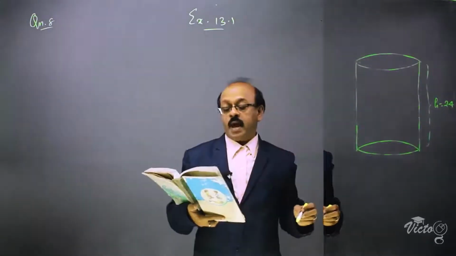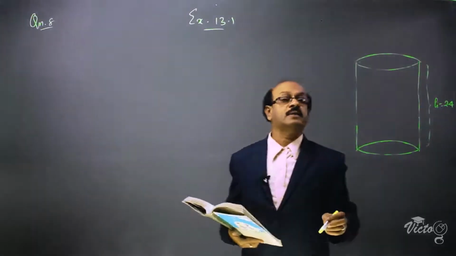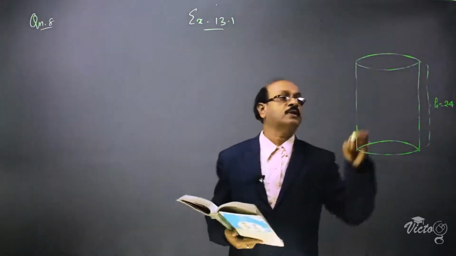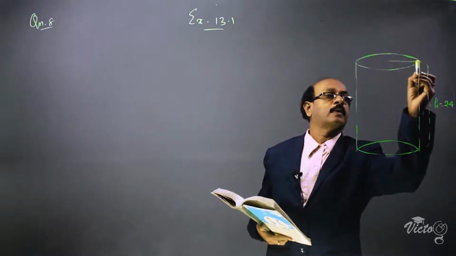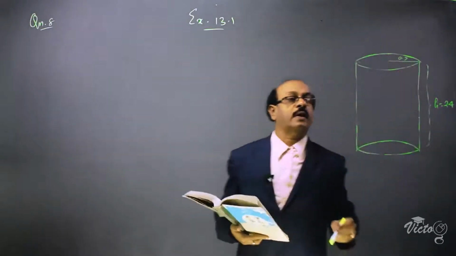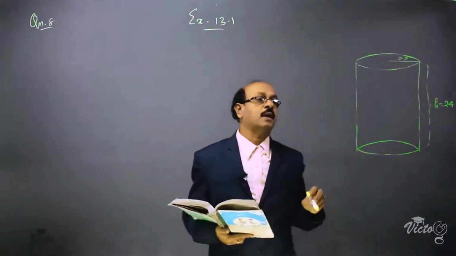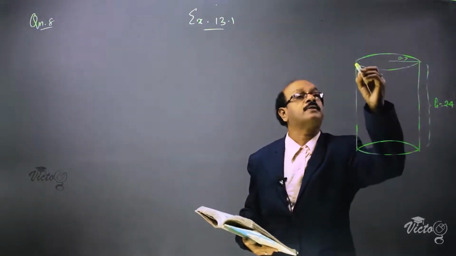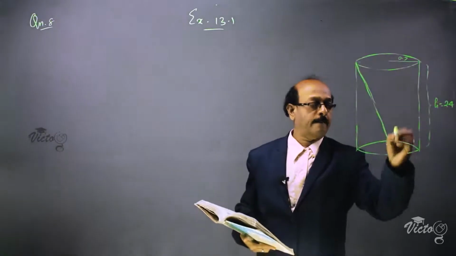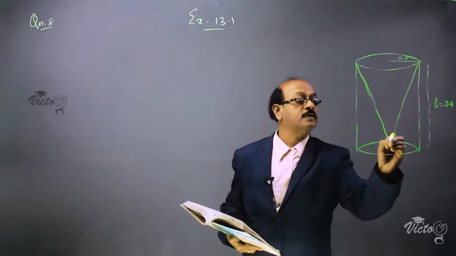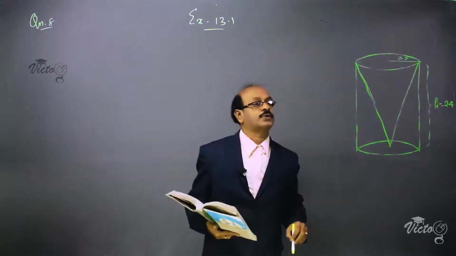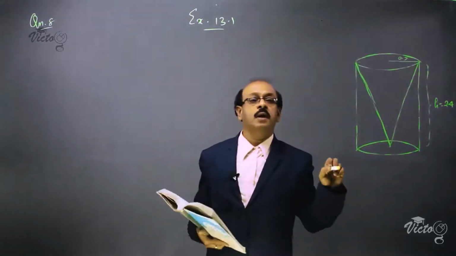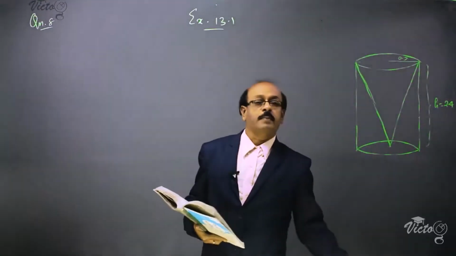And diameter is 1.4 centimeter, means radius is equal to 0.7. From this, a cone of the same height and same radius like this is cut out. We have to find out the total surface area of the remaining solid.